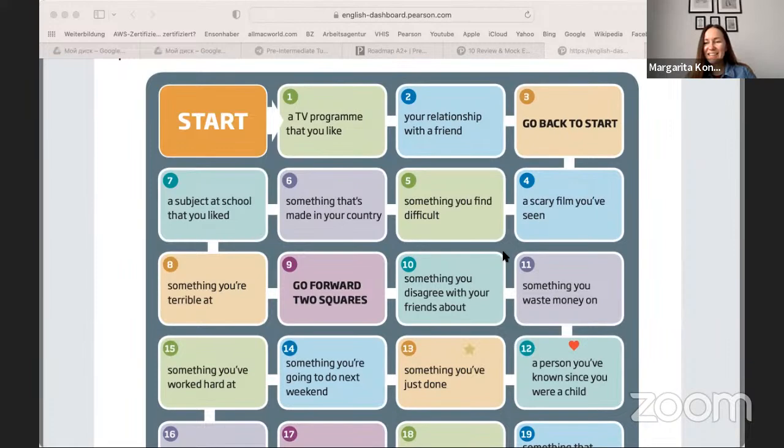I've known my friends since I was a child. What friend is it?